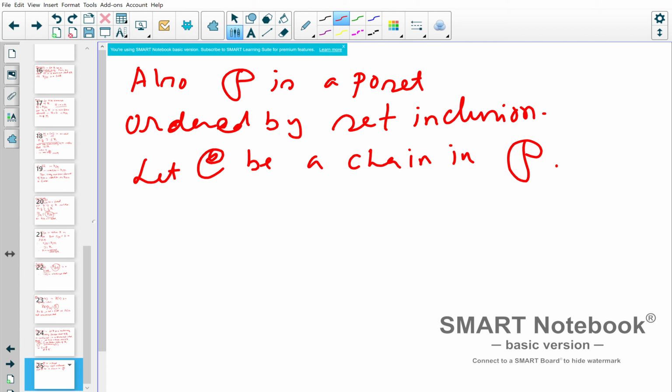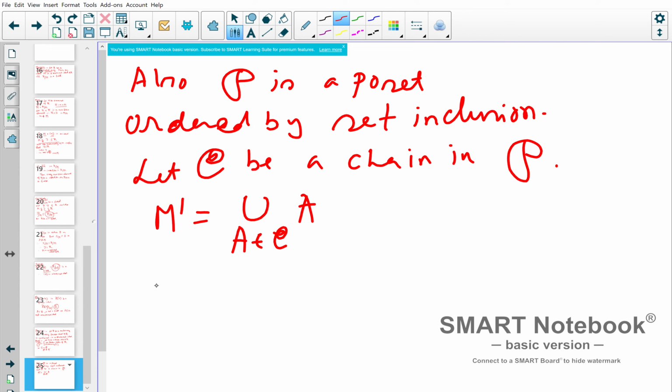So if you choose any two ideals, either the first one is sitting inside the second one, or the second one is sitting inside the first one, right? Then you define an ideal, say M dash, the union of these ideals, the union of all A such that A is an element of C.